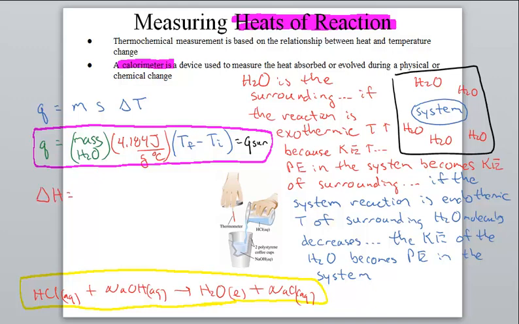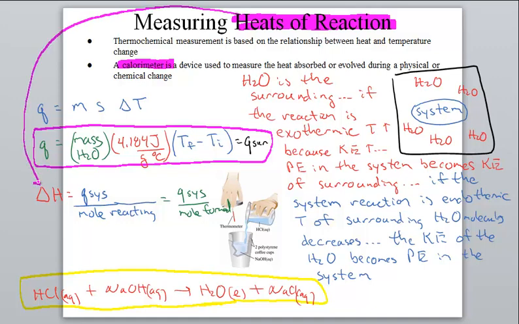Q is the total energy, the heat that flows, but delta H is how much heat flows per amount that's reacting, or per amount that's being formed. Our delta H is Q of the system divided by how many moles are reacting or being formed. So delta H is called the enthalpy change. It's also called the heat of the reaction. And again, most of the time it's expressed as how much energy per mole.